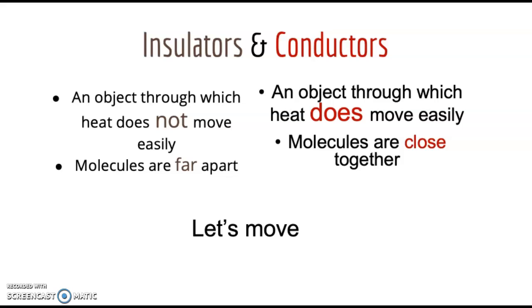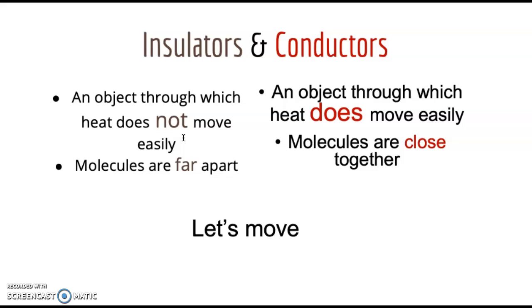Different substances act differently or transfer heat differently. So if something's an insulator, it's really hard for heat to be transferred. The reason why is because in an insulator, the molecules are spread far apart. So it's hard for the molecules to transfer energy to another molecule because they're farther apart. A conductor transfers energy extremely easily and fast.